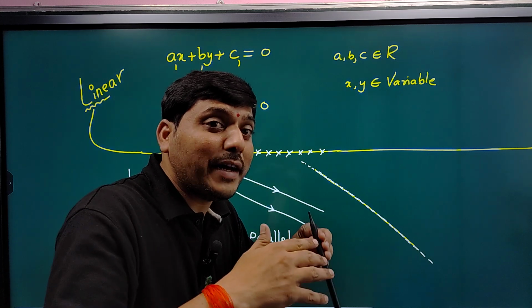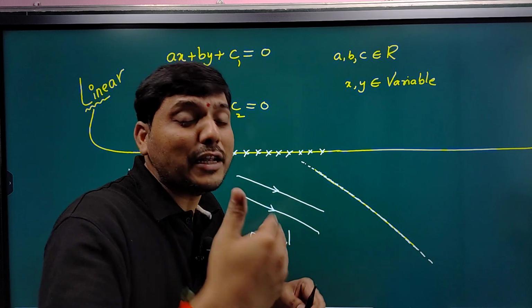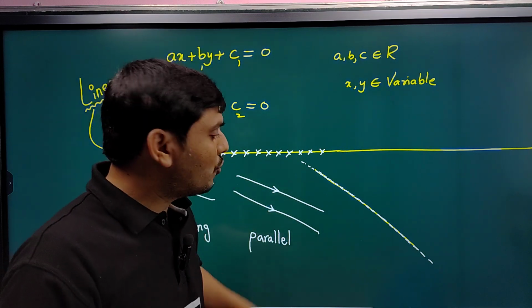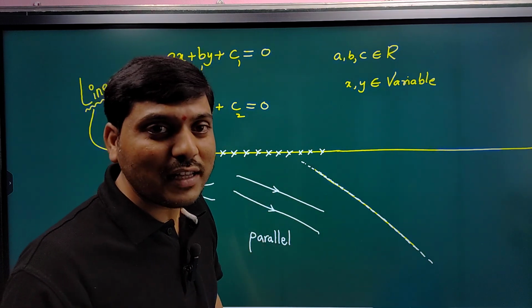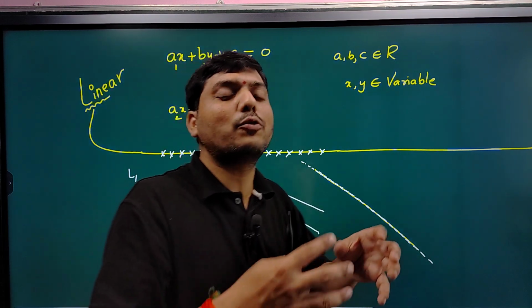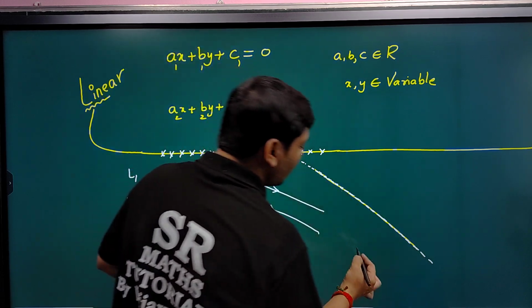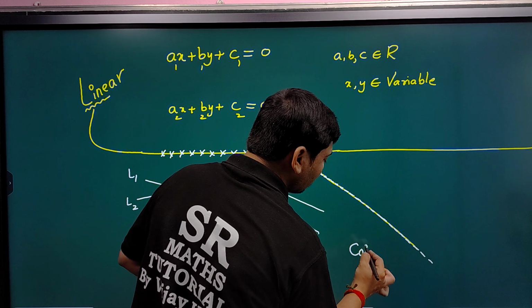Infinitely many points means infinitely many solutions here. So how many solutions are there in these two concepts? These two lines overlap each other. These lines are called coincident lines.